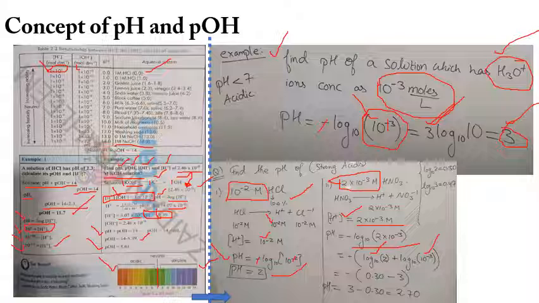Minus 3 will come here and log 2 is equal to 0.3. So log 2 is 0.3 and log 10 power minus 3 is minus 3, so 0.3 minus 3. And minus multiply here, this number will change to minus plus, and the answer 2.7 comes.